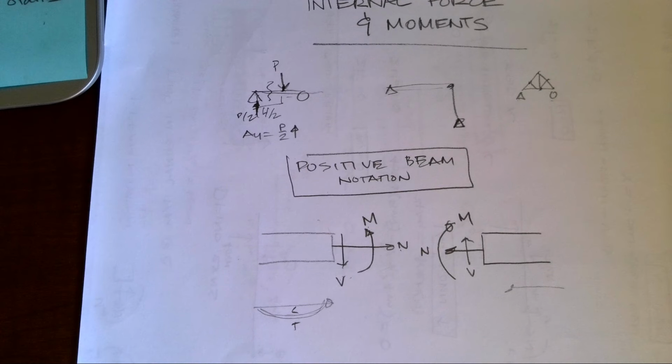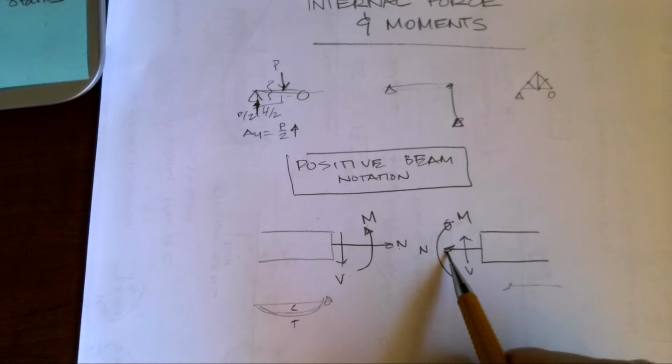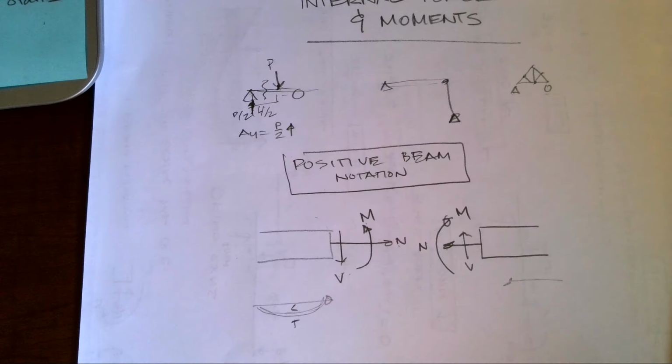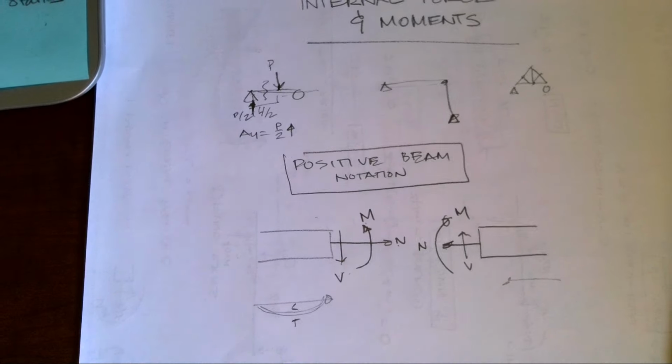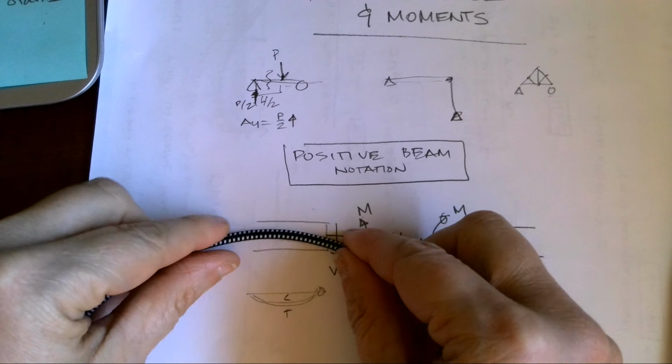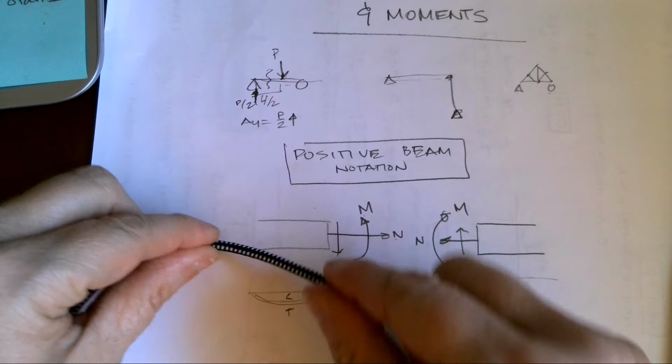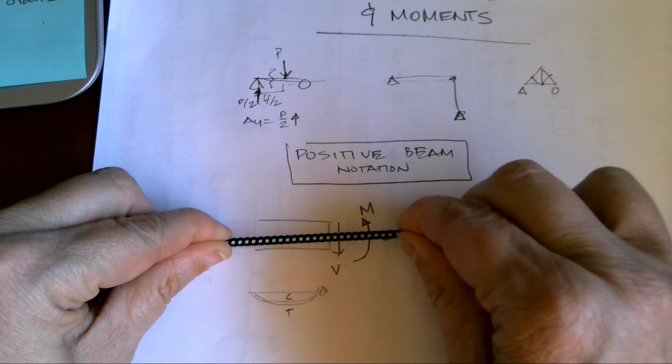So this is why I cannot show arrows. Both of these normal forces are showing tension. Maybe I have a rubber band in here, but I doubt it because I'm no longer in my office at work. Oh, this looks stretchy. So if I have this beam and I'm looking at internal normal, positive normal means tension. See, I'm stretching it in that direction.